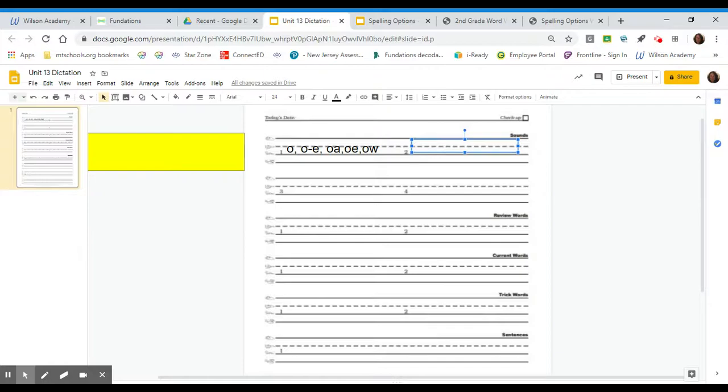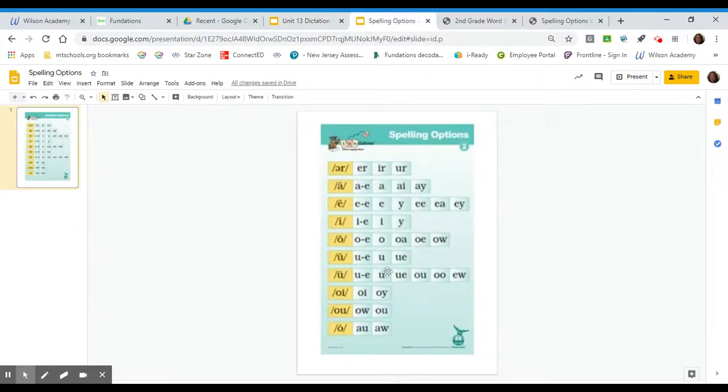Number 2. What says E? E. Once again, if we look over here at our poster, we can see what says E going straight across. And there are 6 different combinations or letters that make the E sound.